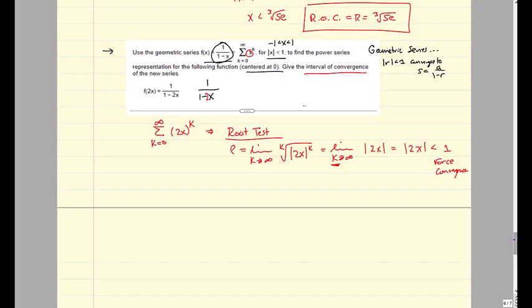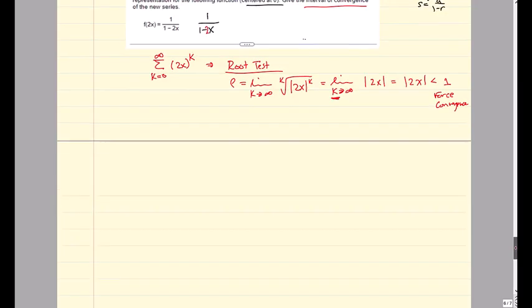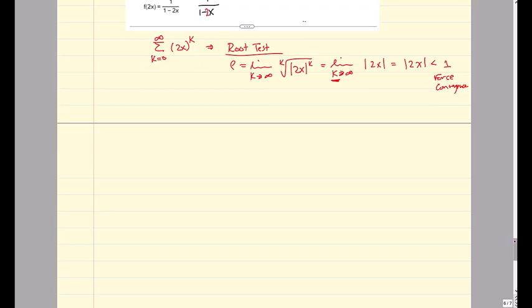So we were charged with finding the interval of convergence here. So I could rewrite this right away. So let's keep working on this, the absolute value of 2x less than 1. I could rewrite this as -1 less than 2x less than 1, or I could have divided through by 2 and then rewritten it, doesn't matter.